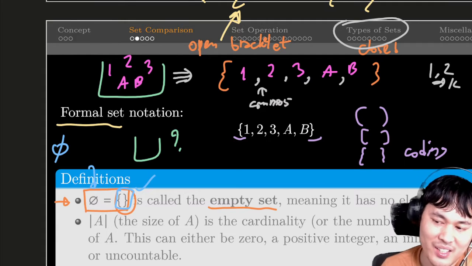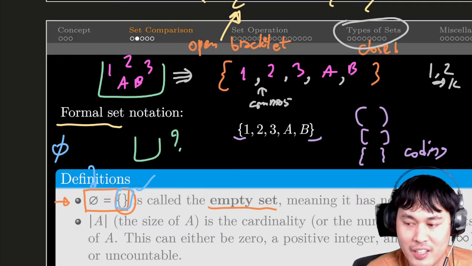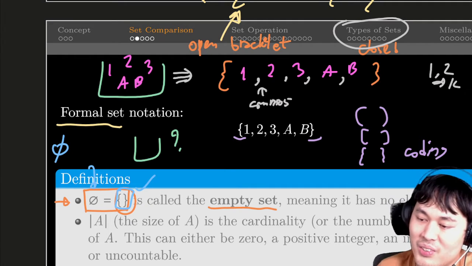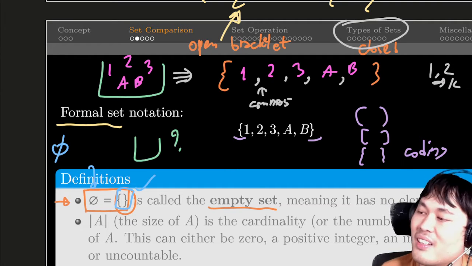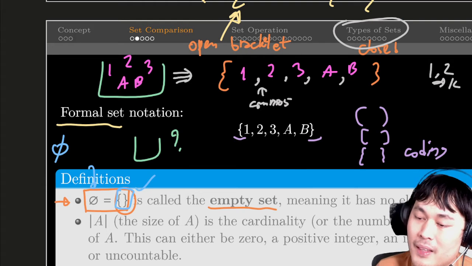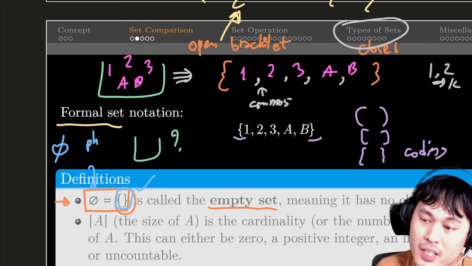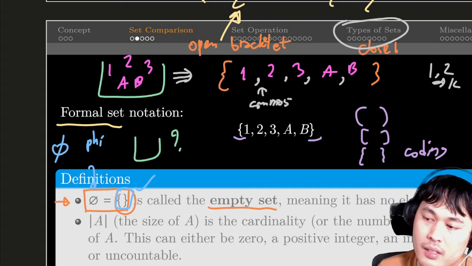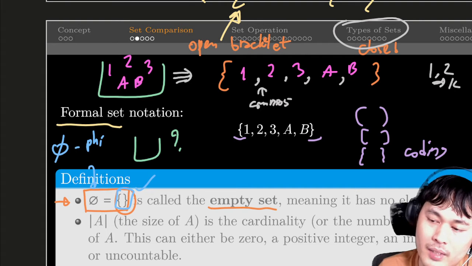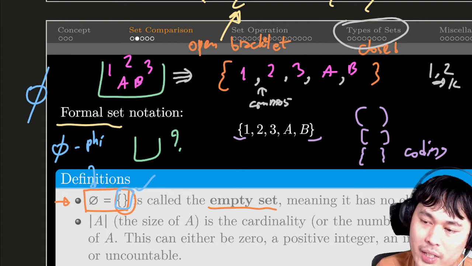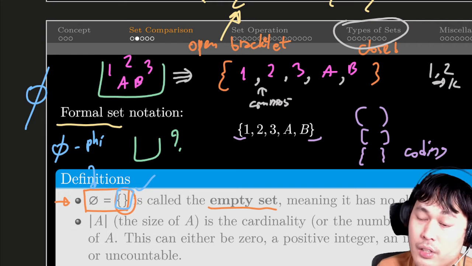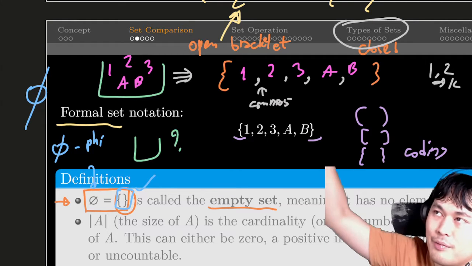But just in case you read some fancy textbook, or you code or do things that use this notation, this is called the phi symbol. It's a Greek letter. You write an O and then you write a line crossing it from top right to bottom left.